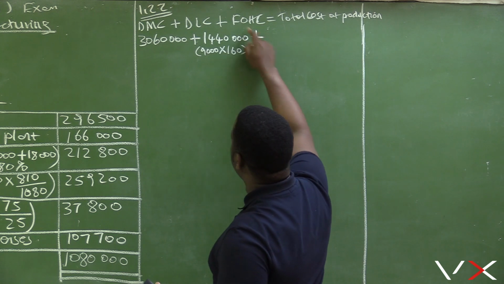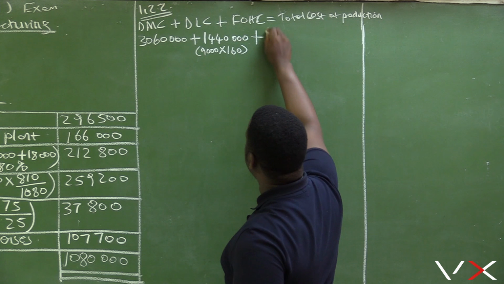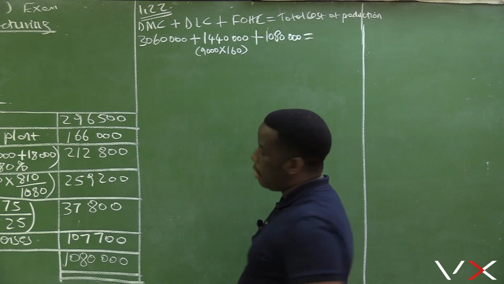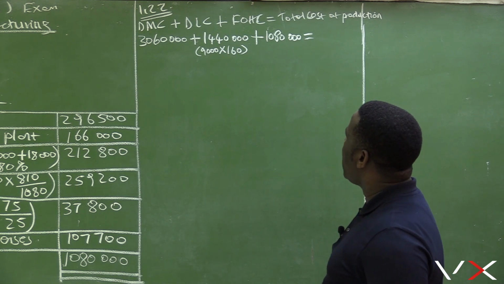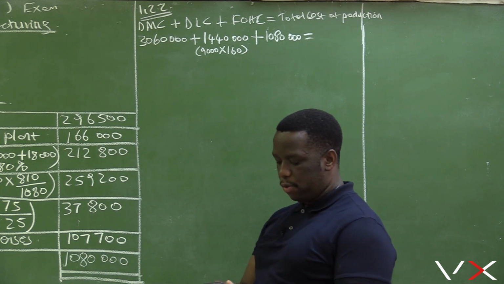And the factory overhead cost is 1,080,000, taken from 1.2.1.